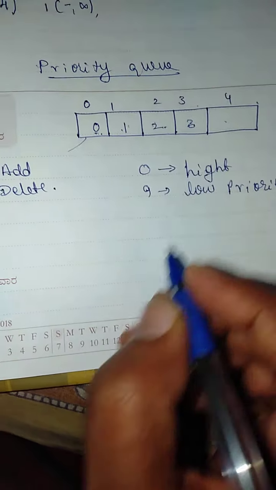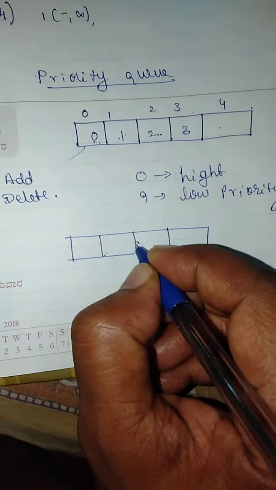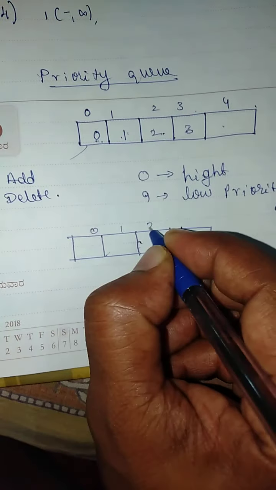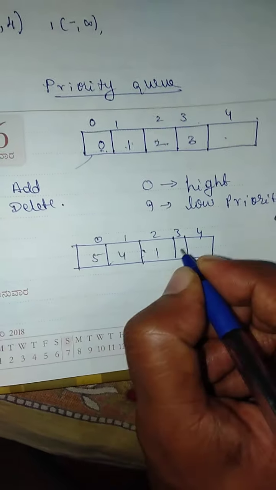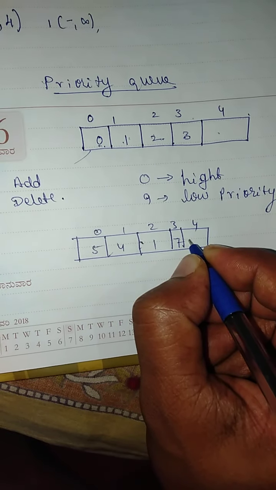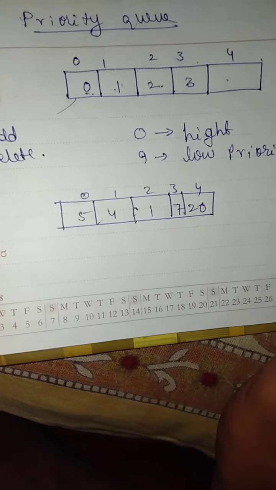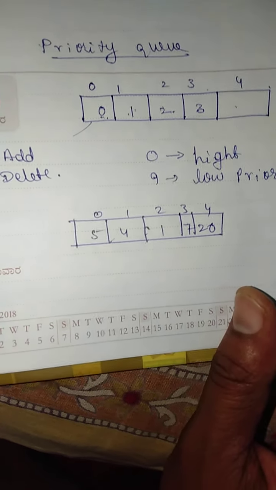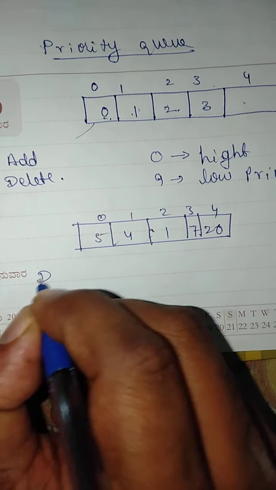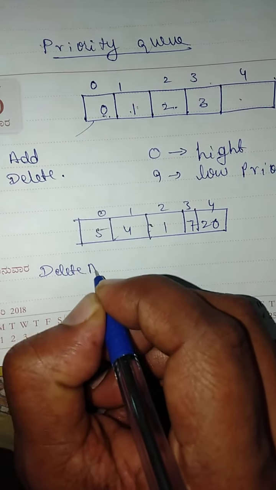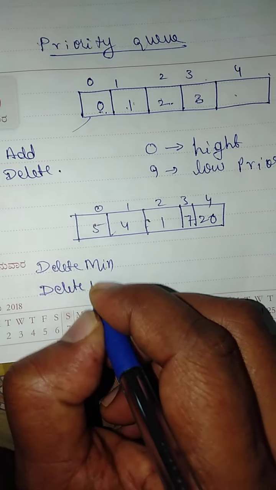Now consider some random priority queue. These are the elements, and these are some priorities of different elements. For this priority queue, I can apply operations such as delete min, then delete max, like this.